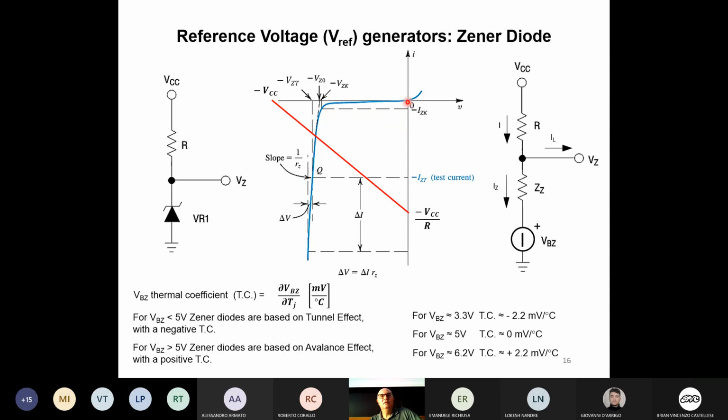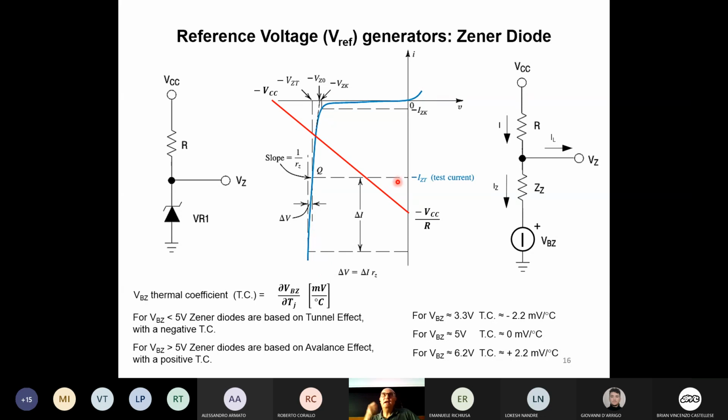So the area of this box represents the power dissipated by the diode. If I just increase the reverse bias by a little bit, the power will increase enormously. So Zener diodes are very delicate, because after we go over the breakdown voltage, a small variation of the voltage will increase the area enormously, and so the power dissipated in the diode.